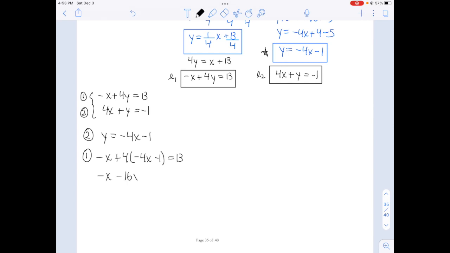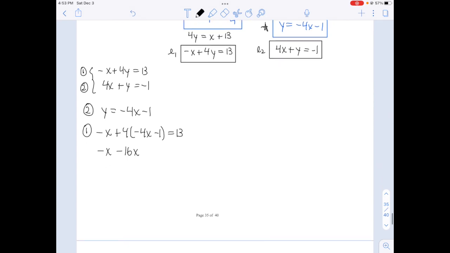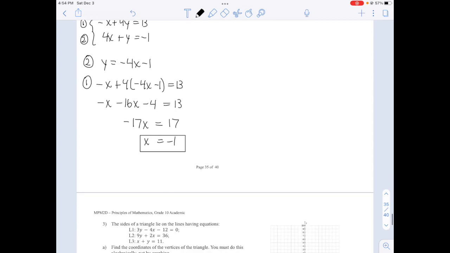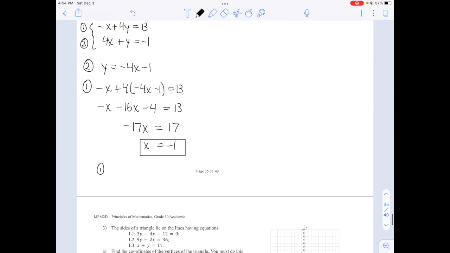-x minus 16x minus 4 equals 13. I get -17x equals 17, and x equals -1. So if I sub this into equation 1, I know that -(-1) is 1, plus 4y equals 13, and then I'm going to get that y equals 3.